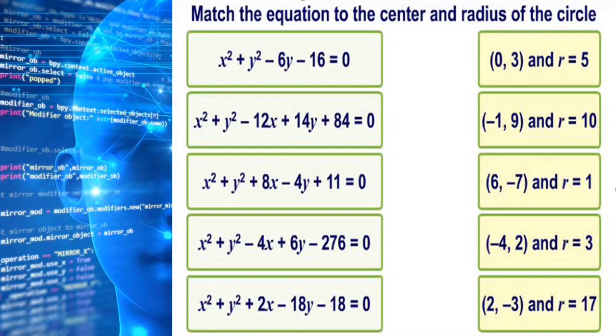So for our last and final activity, we're going to match the equation to the center and radius of the circle. We have here for column A the general form of the equations of the circle, and for our second column, we're going to identify which among them corresponds to its center and its radius. So let's begin with the first one.